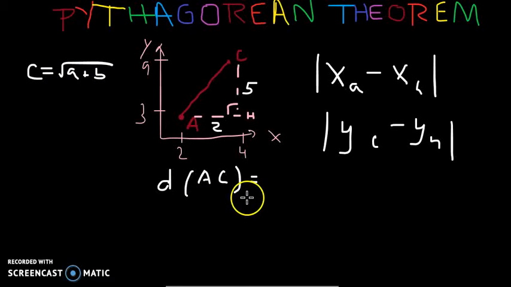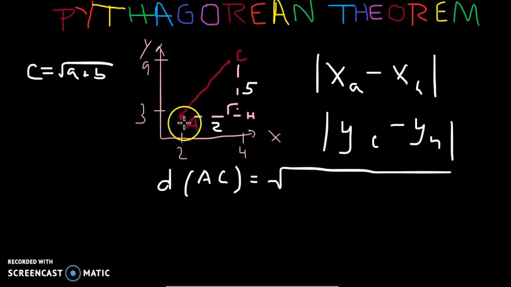So going back to this, the distance between A and C, that would equal the square root of, well, what did we do right here? We did the distance between the x values.